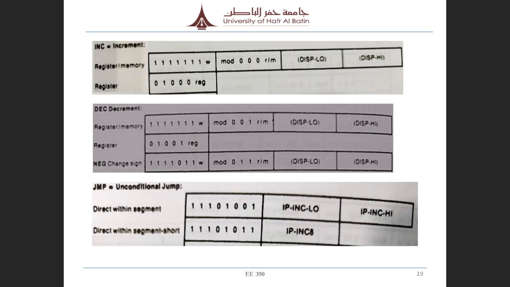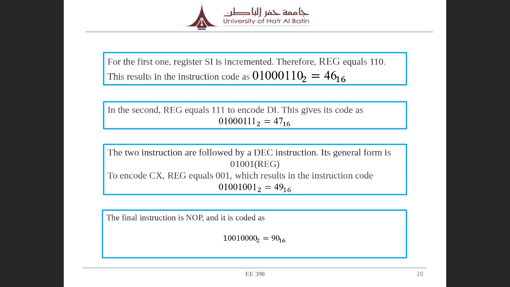But if you look at the file that I shared with you today, on the third page you can see that there are many conditional jump instructions: jump equal, or jump zero, and jump not equal, jump not zero.